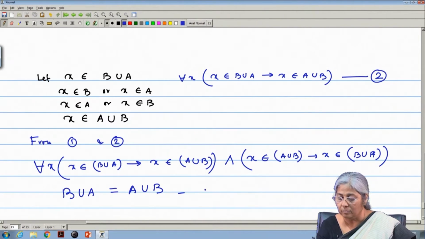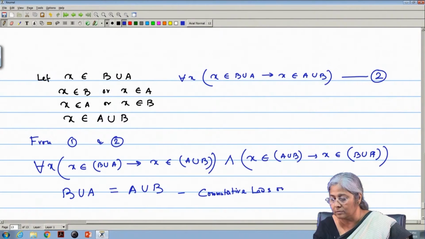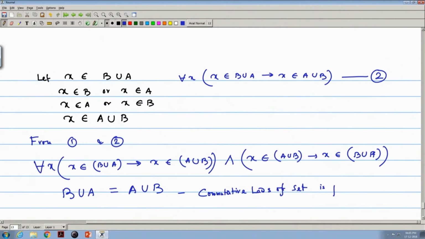So, the commutative law of sets is proved.